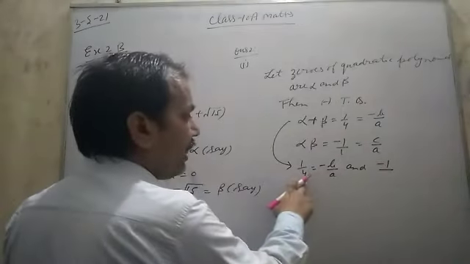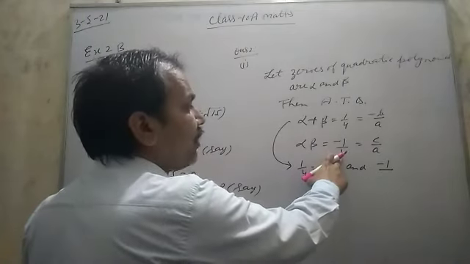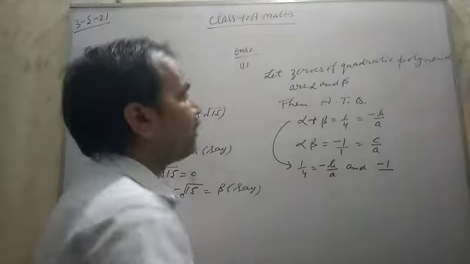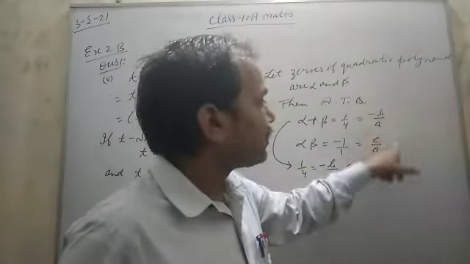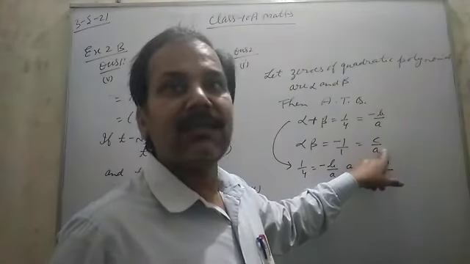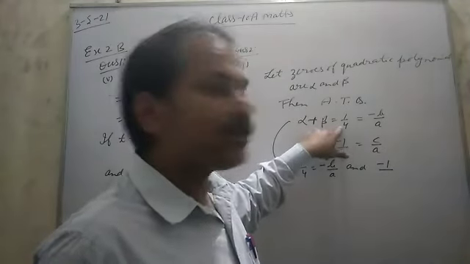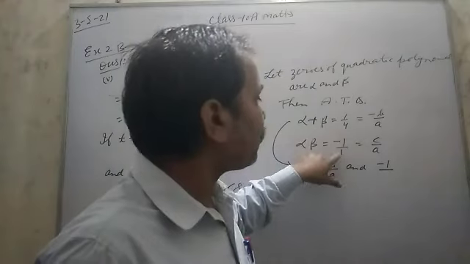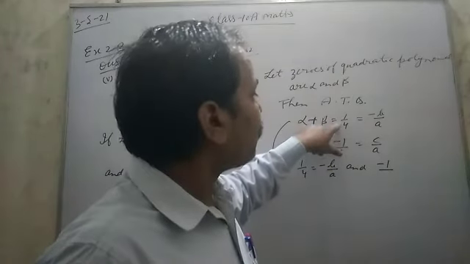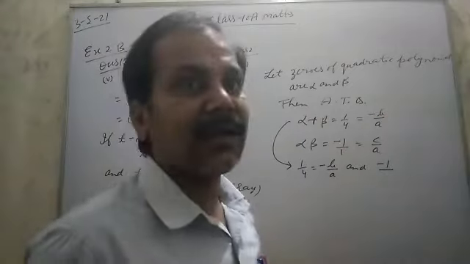So here a that is 4 and here 1. So if not same means in these two equations a is coming in denominator and here in 1 by 4 denominator is 4 and minus 1 by 1 denominator is 1. So if denominators are not same, if same then directly we can compare.